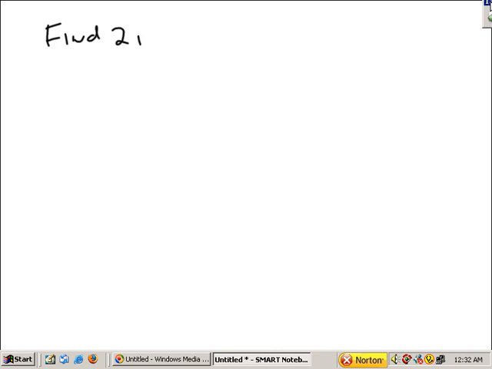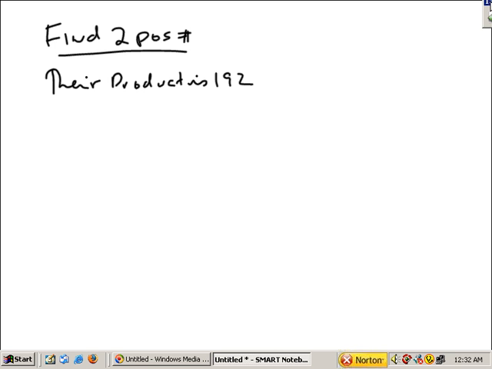Find 2 positive numbers with the following property. The product is 192 and the sum is a minimum.